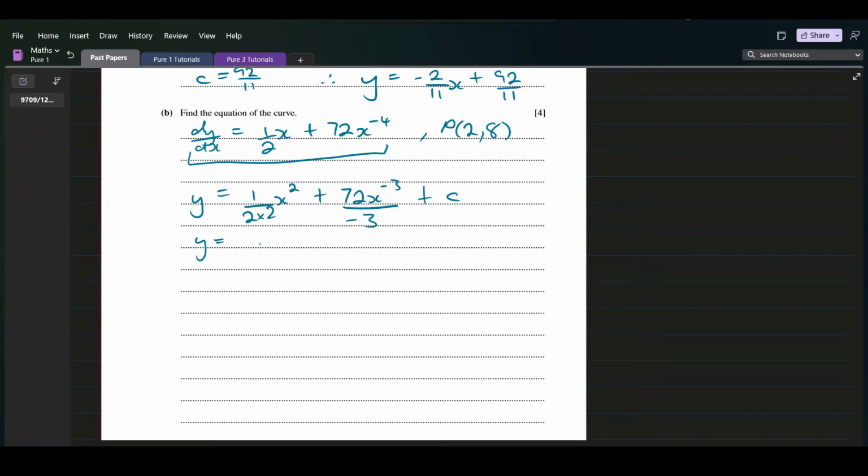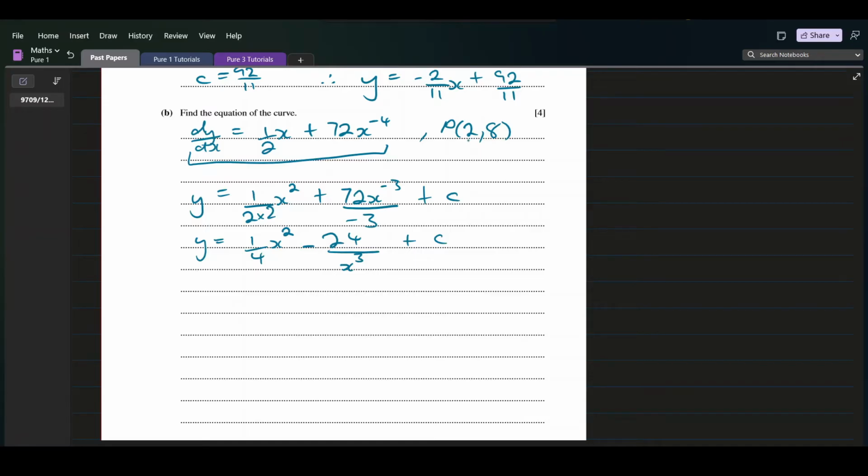So y is equal to a quarter x squared, and then 72 over negative 3, that's negative 24. So you get minus 24 over x to the power 3 plus the constant of integration.